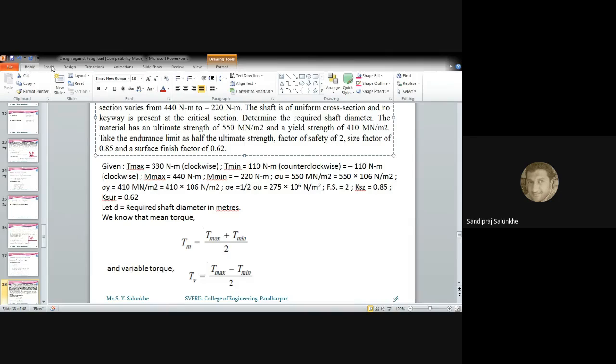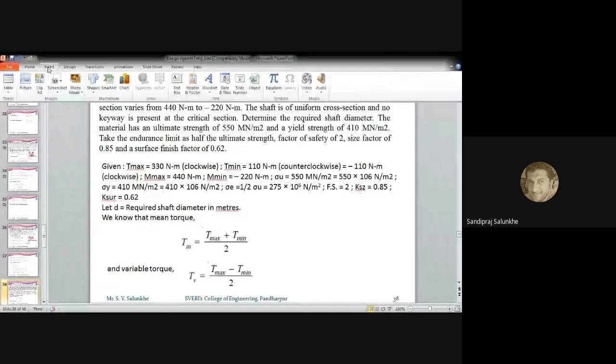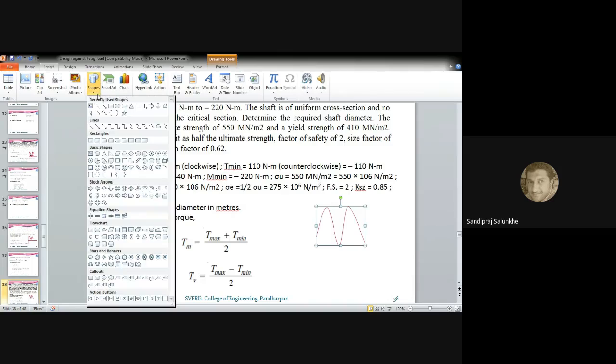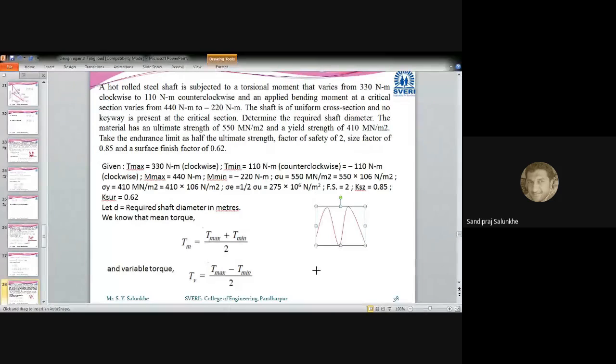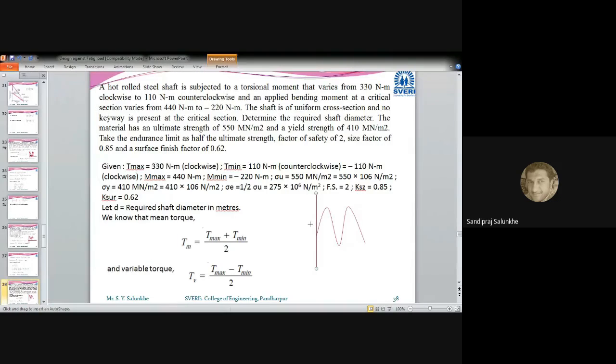In this case, if you want to draw the cycle for the loading, it will be like this, where this will be the y-axis, and on the x-axis it will pass like this, because the maximum load is towards the clockwise side.